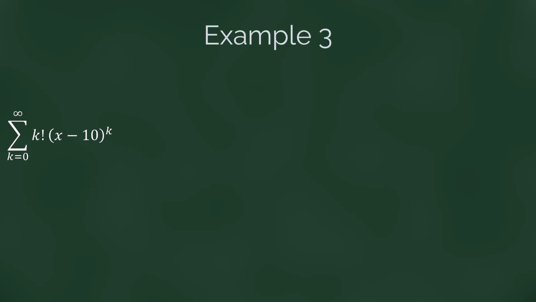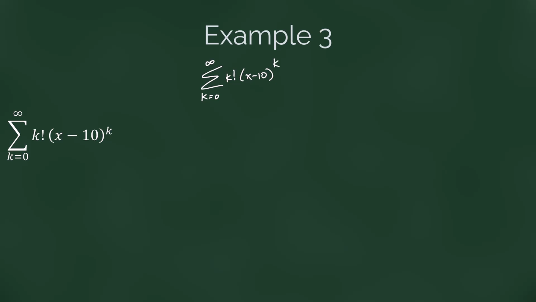So far we've seen an infinite radius of convergence, a power series that converged no matter what value of x we plugged in, and a finite radius of convergence, one where we could only plug in values between -10 and 10 and get convergence. We're going to look at one more case here. Hopefully by now you have some sense that if we want to evaluate the sum from k equals 0 to infinity of k factorial times x minus 10 to the k, we likely should use the ratio test because of the factorial term.